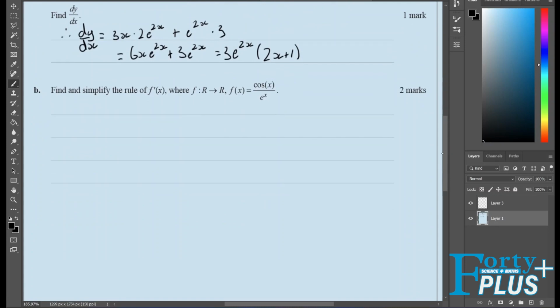So moving on to part B, they want us to find and simplify the rule of f'(x), where f(x) equals cos x over e to the x.